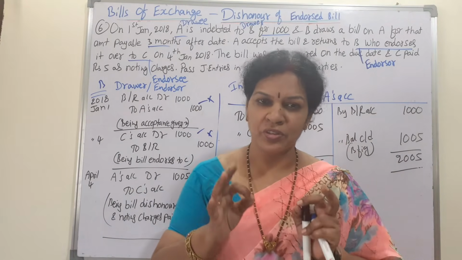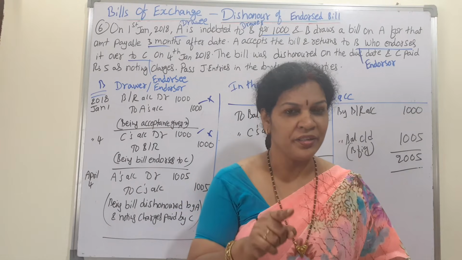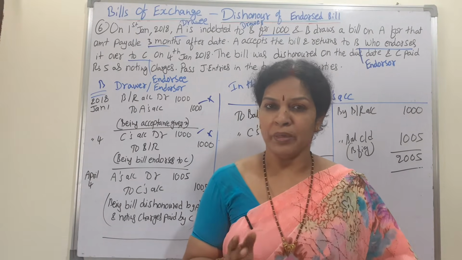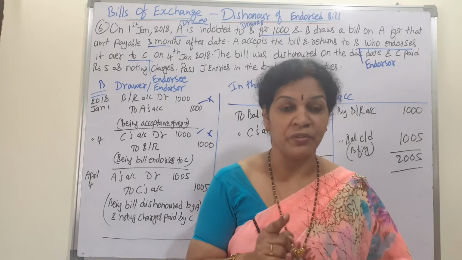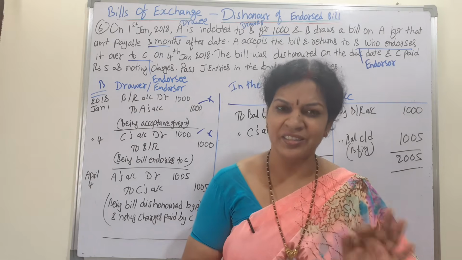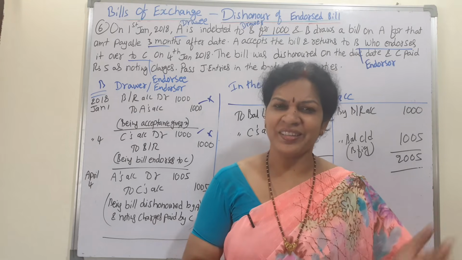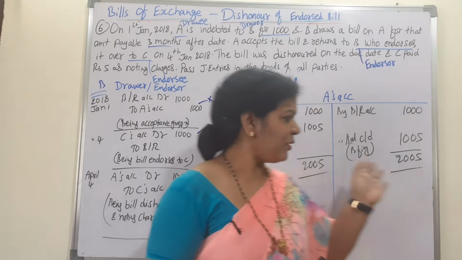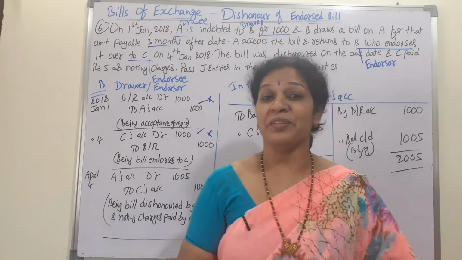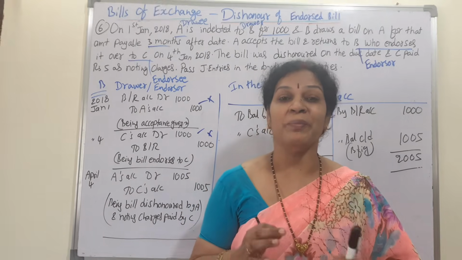Journal entries, most of the entries, 99% you'll write perfectly, maybe 100% also if you practice. It's a very easy chapter. Only journal entries we have to write, and very rarely will we prepare a ledger like this. With journal entries you are going to score full marks.